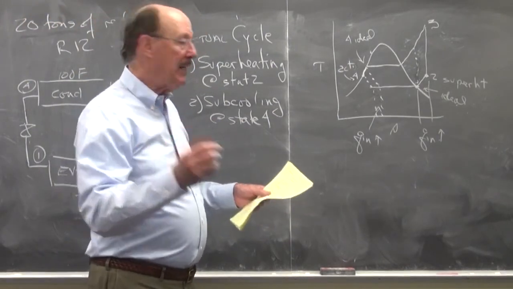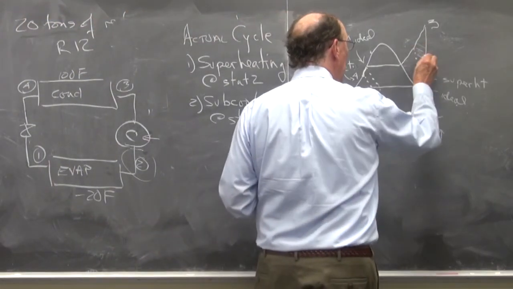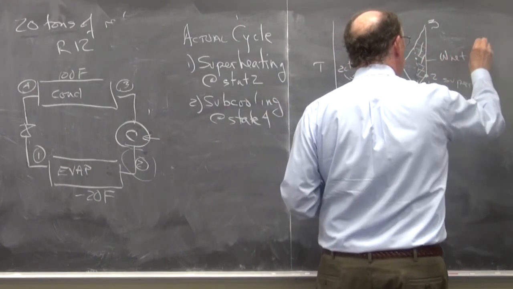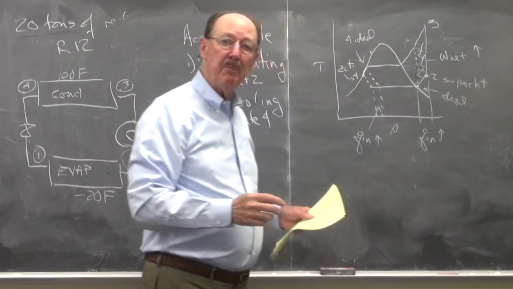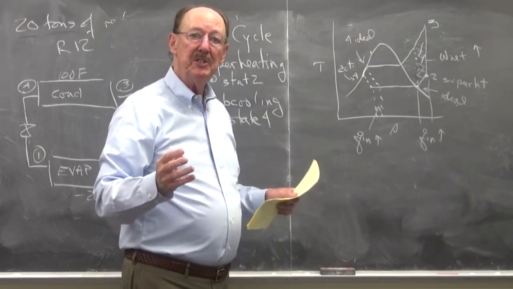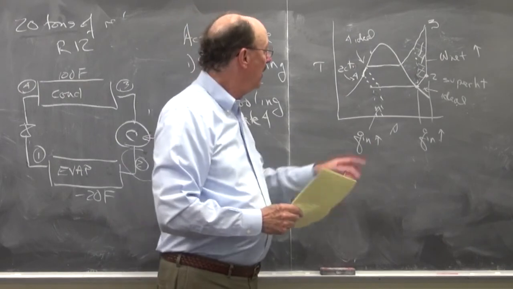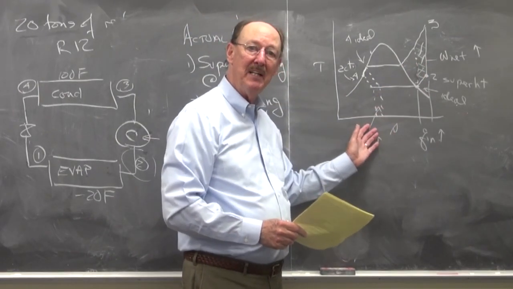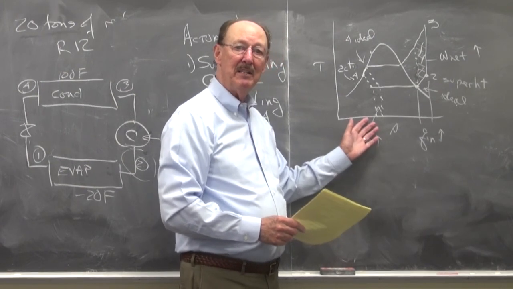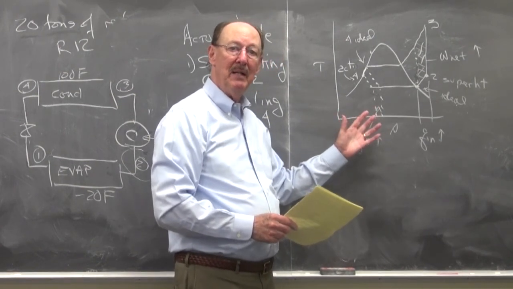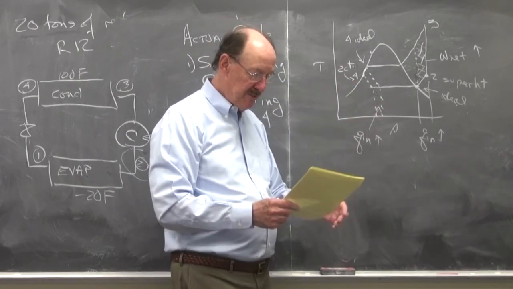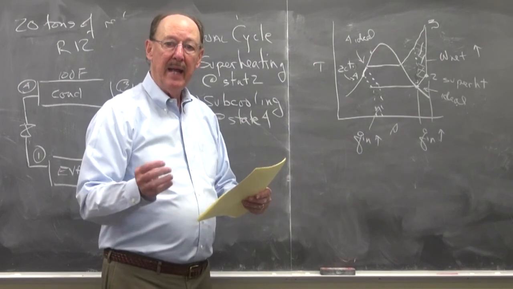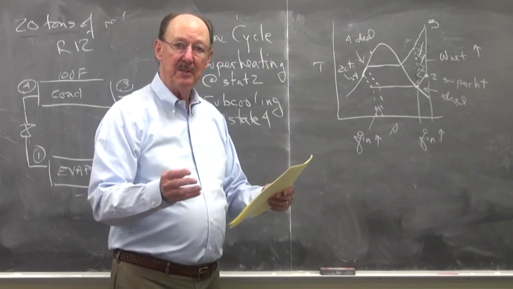However, the work increases, so this area, W_net increases. And we'll do an example where we put in some numbers and we see what it is, but basically the work increases faster than the benefit from the heat gain. So we get more heat gain, and the COP, which is Q_in over W, the W increases faster, so it drives the COP down. So now let's take the last example, and I'll add this 10 degrees, etc.